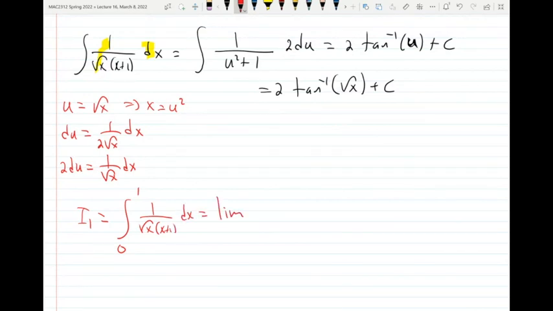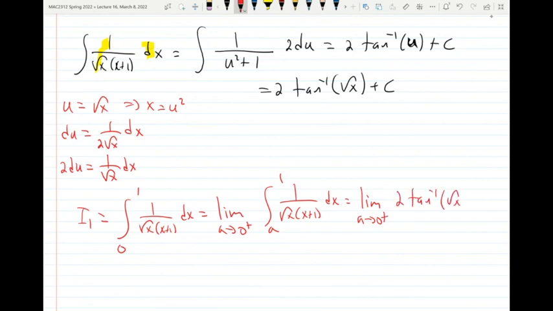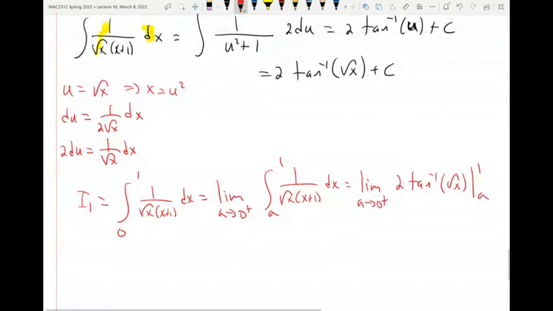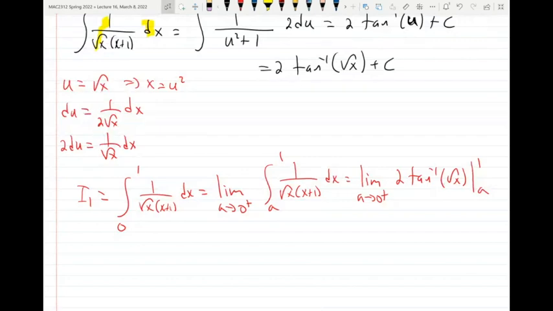So that will be the limit as a approaches 0 from the right of the integral from a to 1 of this expression, which is the limit of 2 inverse tangent of the square root of x from a to 1. That's why it's very important to use side limits, because if you do it from the left, then it's not even defined, because you cannot plug negative numbers into a square root.